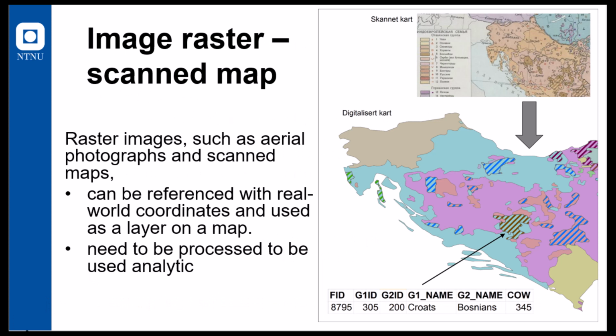Raster images, such as aerial photographs or scanned maps, could be combined with other maps if they are georeferenced, but to be used analytically, we need to process them. The upper right image here is showing a scanned map, and at the bottom is the result after it has been transformed into a polygon layer.